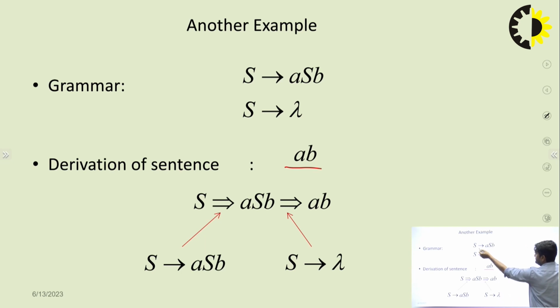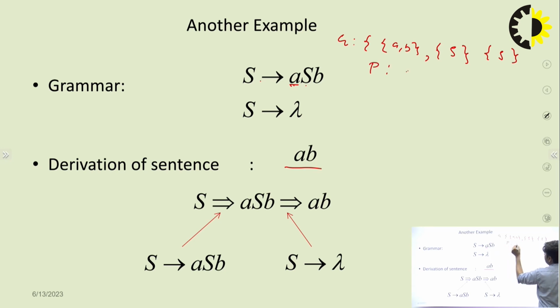Here the variable S generates a S B, where a and b are terminals. Now the grammar is defined by a set of terminals, a set of variables given as S, the start symbol, also S, and the production rules S to aSb and S to lambda. Clear? That is how a grammar is defined.